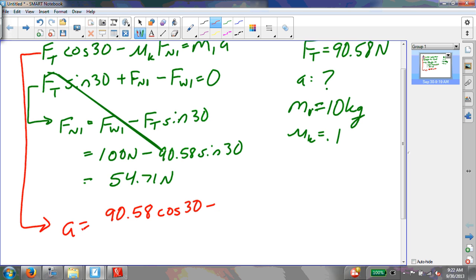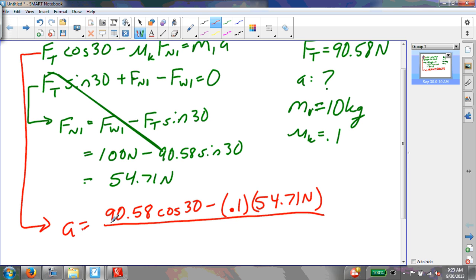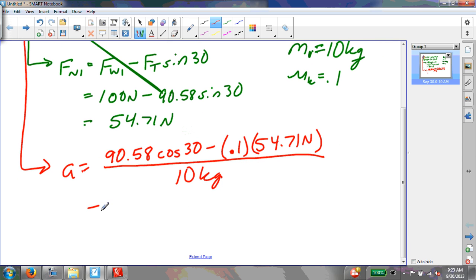Minus 0.1 times Fn1, which is 54.71 newtons. And then that's all divided by the mass, which is 10 kilograms. So with any luck, unless I've made a mistake in my algebra, this should work out to give us our acceleration. So I get 7.2974.